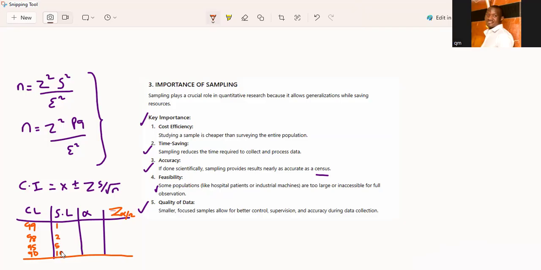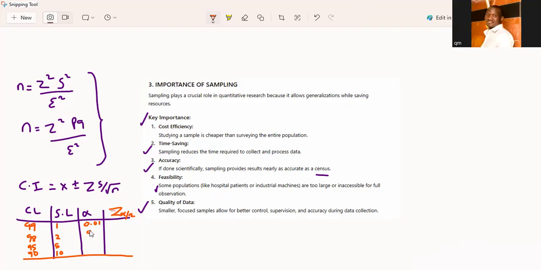So when you divide this by 100, we call it alpha. So here you have 0.01. Can you help me for 98%? What is the alpha? 0.02.